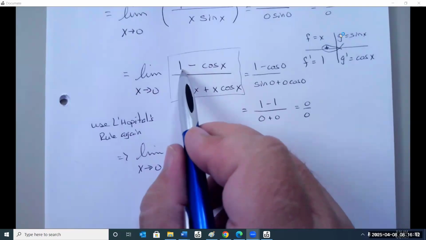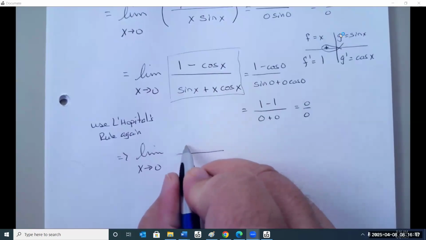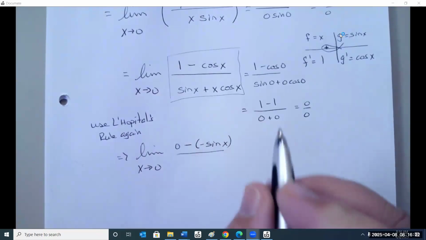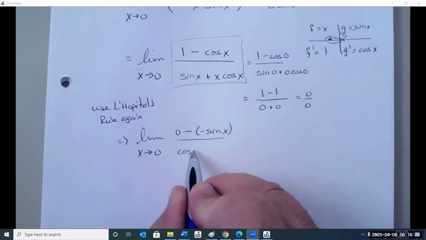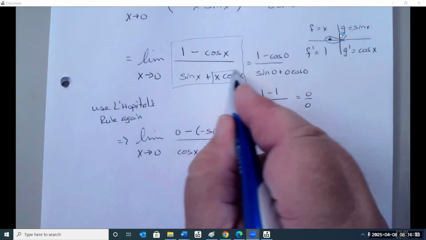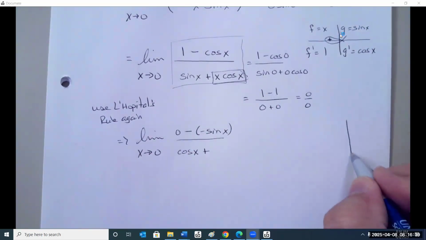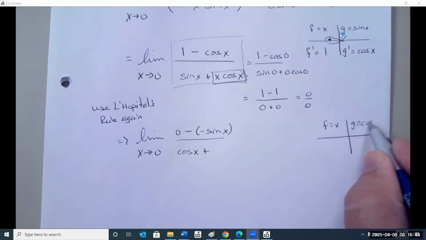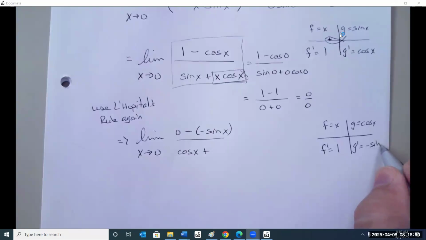So on top, the derivative of 1 is 0. The derivative of cosine is negative sine. So we have a minus a negative sign. Derivative of sine is cosine. Now we have to take the product rule of this. f is x, g is cosine, so f prime is 1, g prime is negative sine.